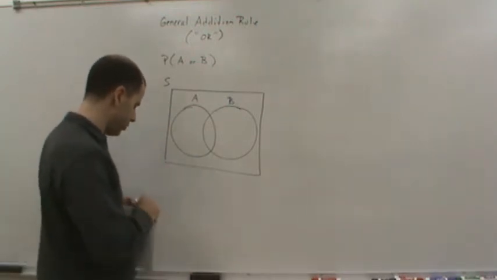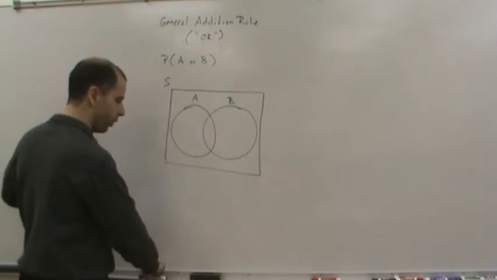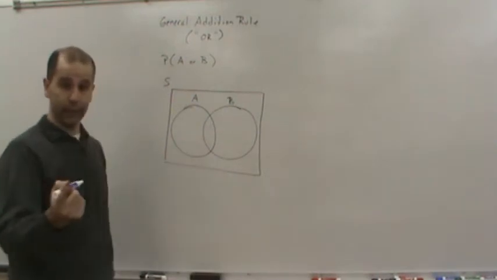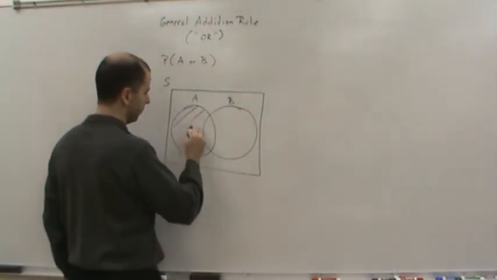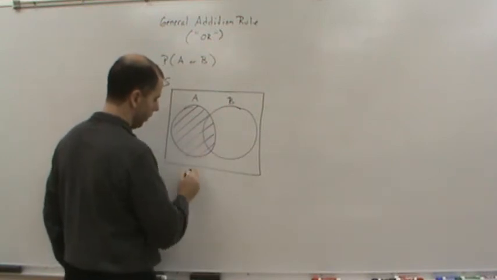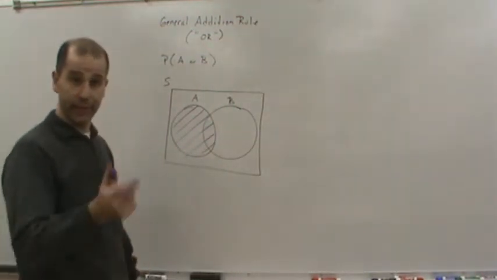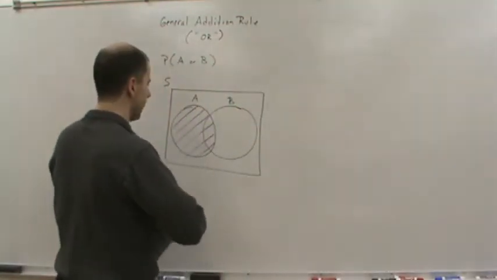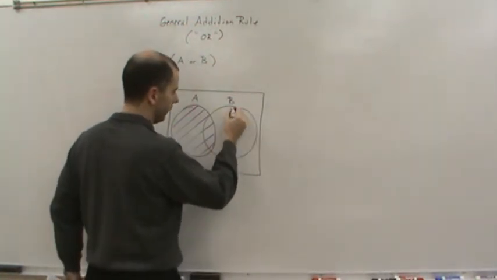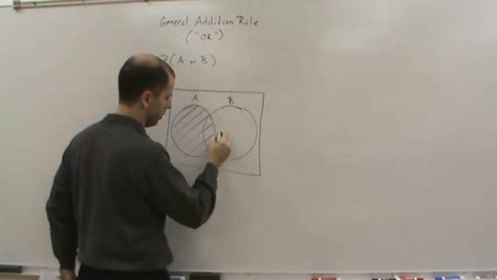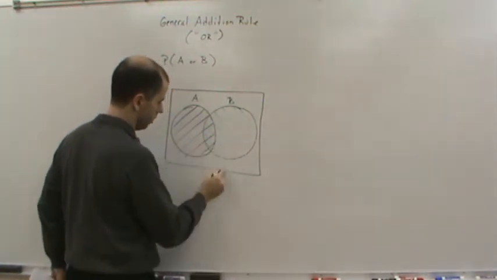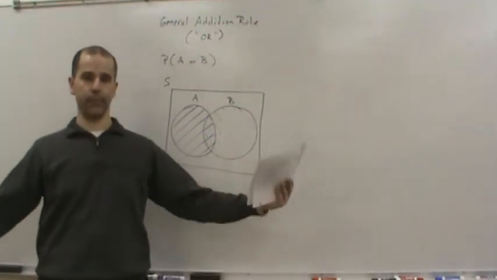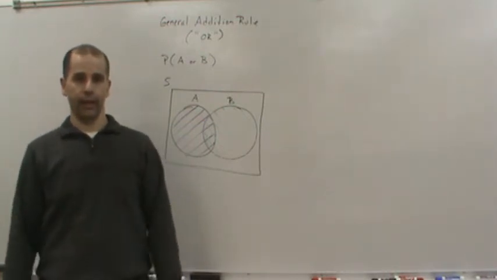Think of the union as asking, what's the probability of anything happening? That's A or B, which means either A or B. So we want to take all of the outcomes for A and B and put them together, and that's the union.